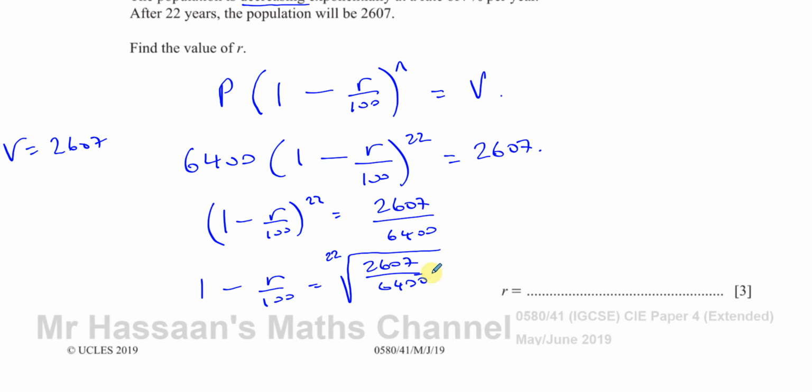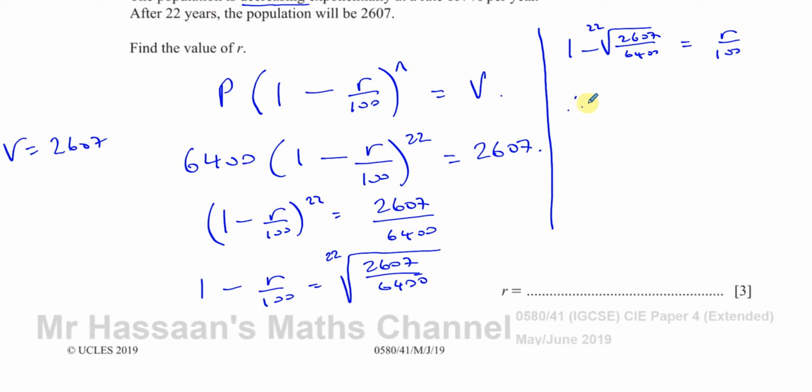Then I'll rearrange this so I have 1 minus the 22nd root of 2,607 over 6,400, and that's equal to r over 100.